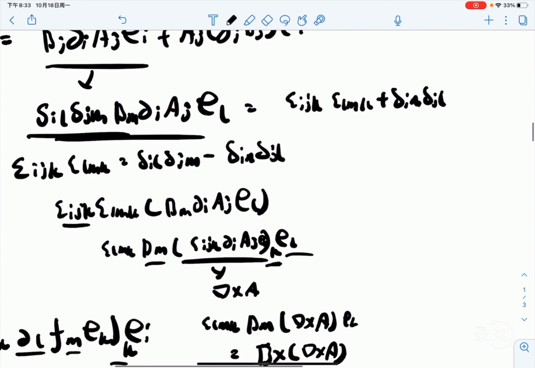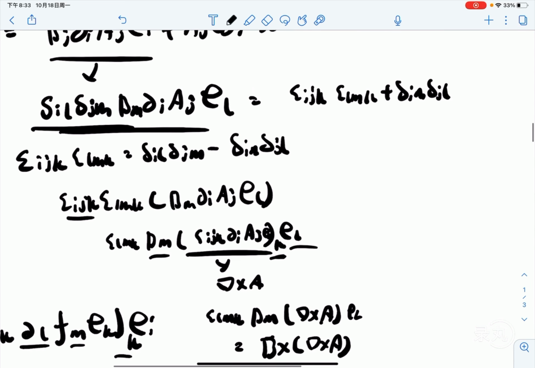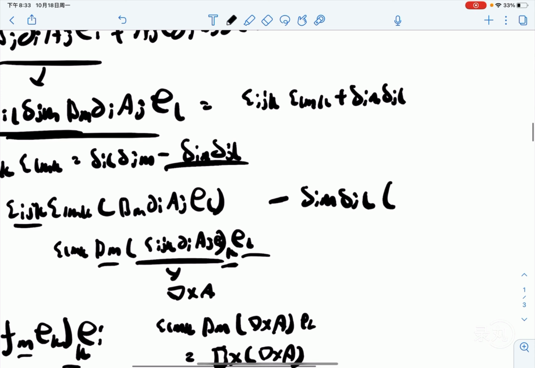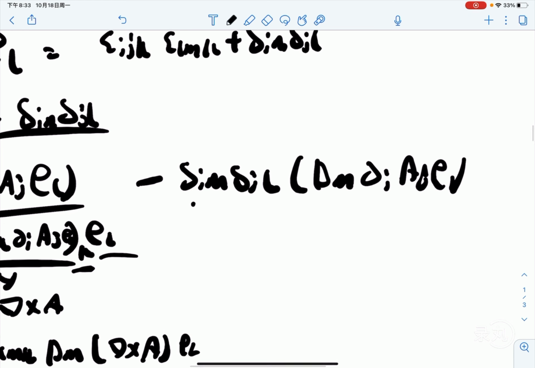And for the second term, minus IM JL. And this times BM I JL requires this is equal to this, and this is equal to this, which is we see that many times.